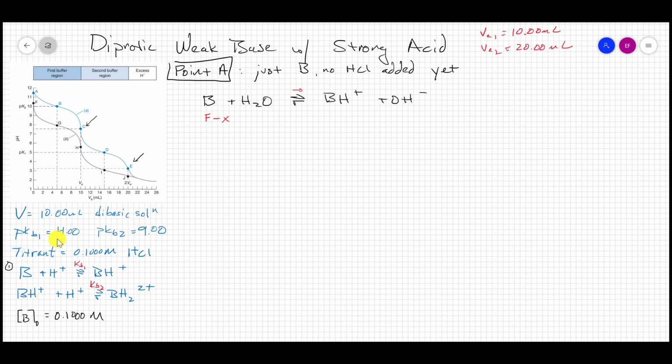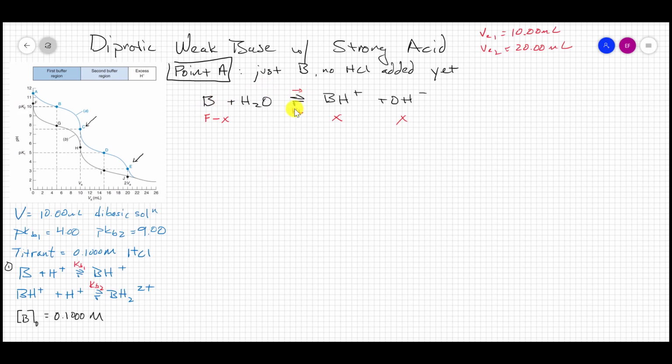And then we have some amount of BH+ X, and some amount of hydroxide X. This protonation step, because it's the first protonation step of B, is dictated by Kb1, so we can write an expression: Kb1 equals x squared over F minus X. So this is sort of our classical form for any type of change to equilibrium.